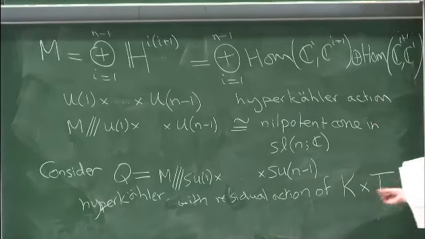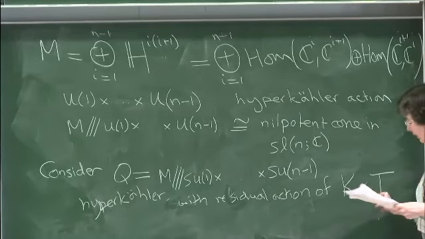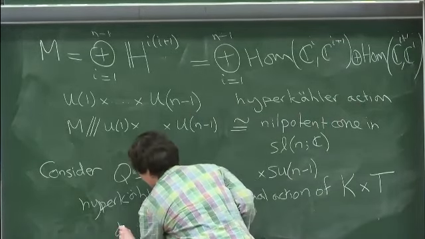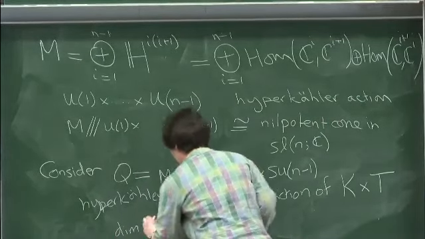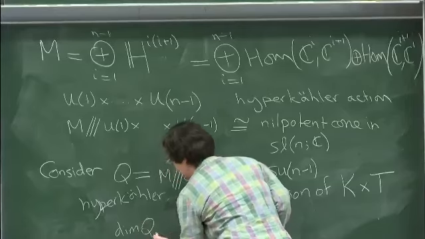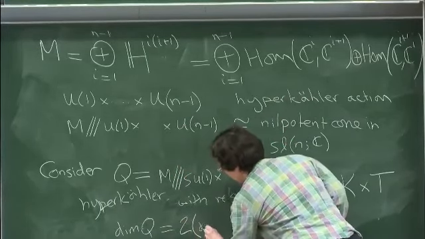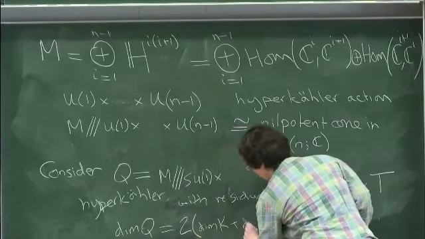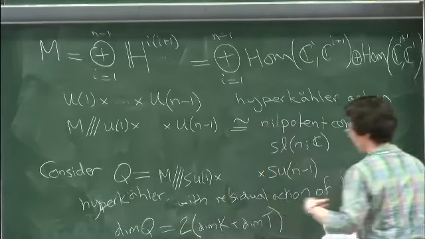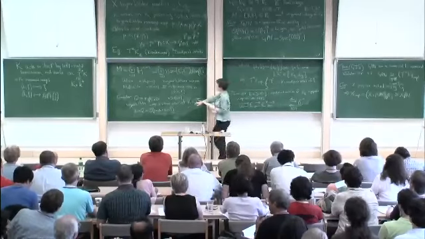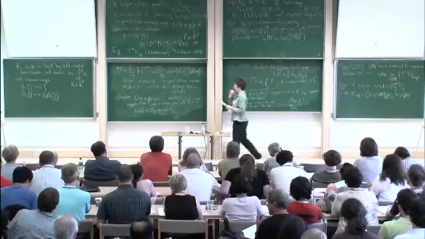So we've got a hyperkahler manifold with a residual action of K cross T, which is what we want, and at least the dimension is correct. It's twice the dimension of K plus the dimension of T, which is a multiple of 4 for hyperkahler, and it is what we would expect for the hyperkahler implosion.